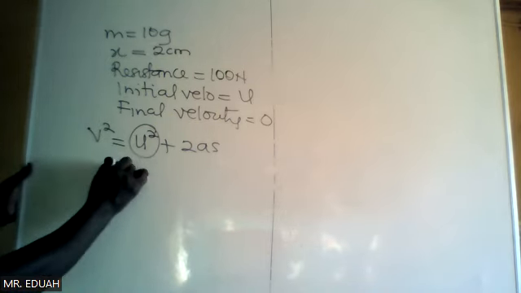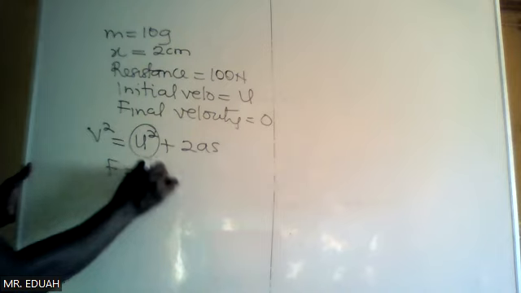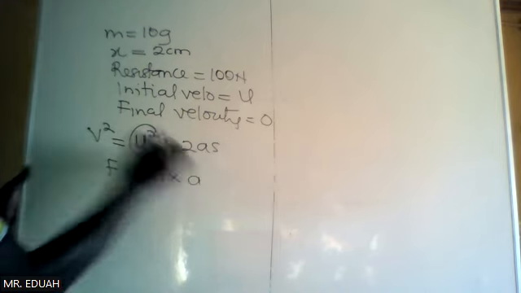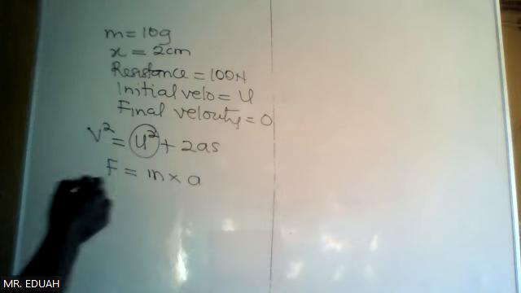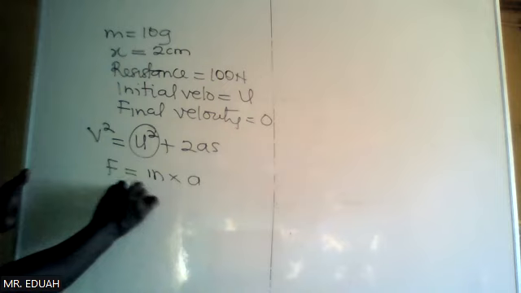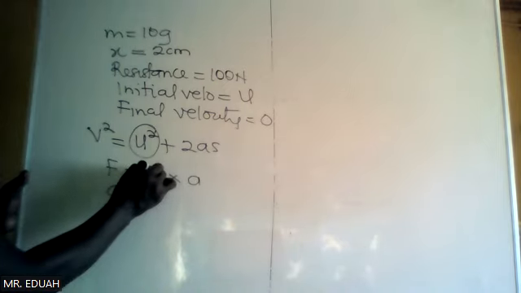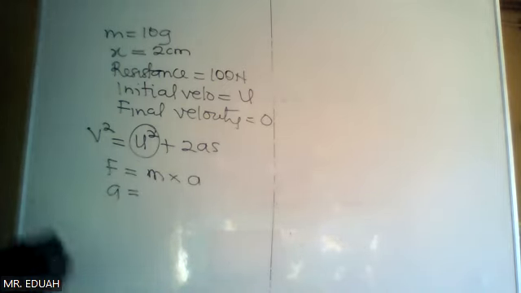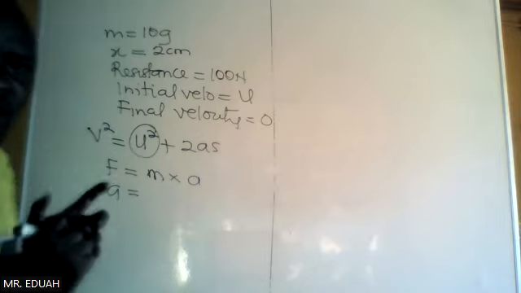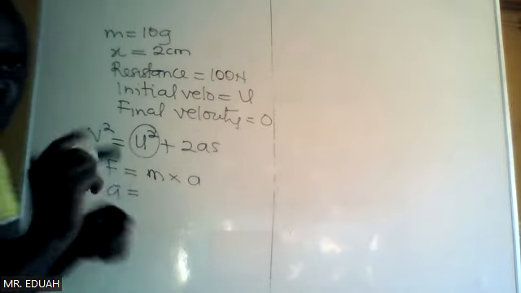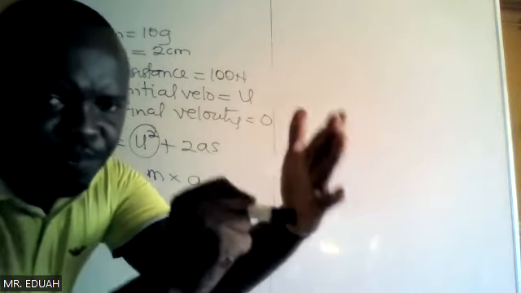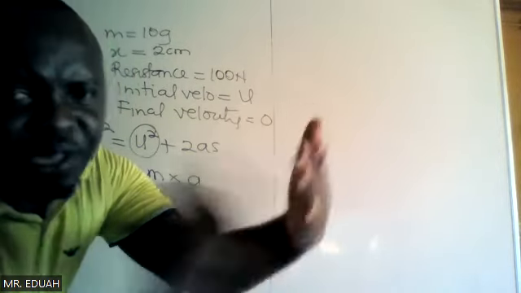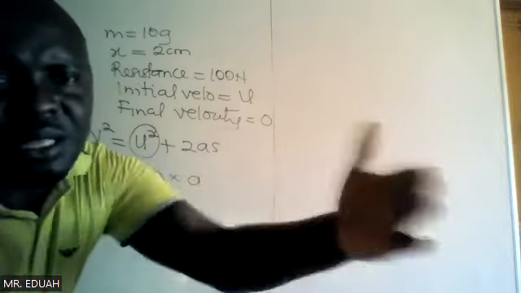Force is equal to mass times acceleration. Now, what is the force? It must be the net force, but we were not given the force with which the bullet hits the target. We were only given the resistance produced by the target.